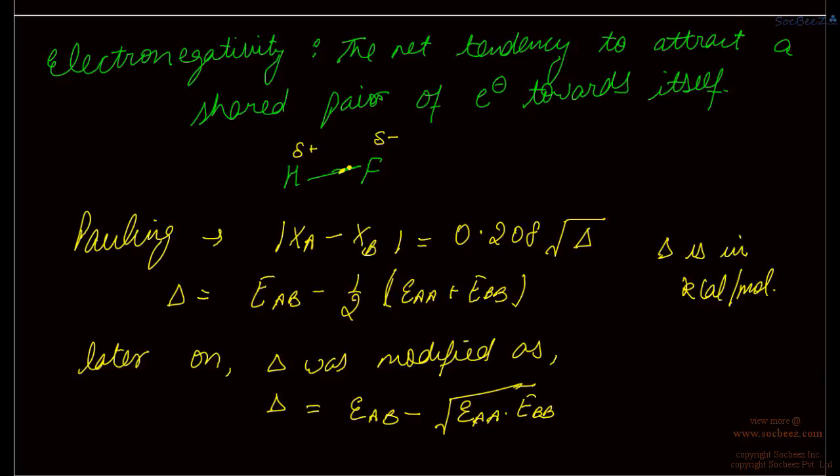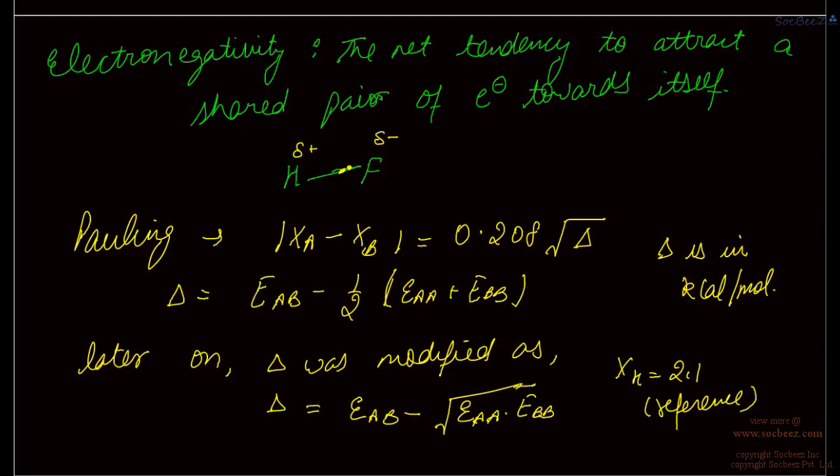To arrive at this conclusion, Pauling adopted XH, that is electronegativity of hydrogen, as 2.1 and took it as reference.